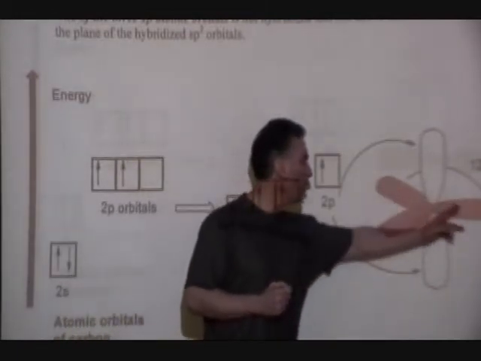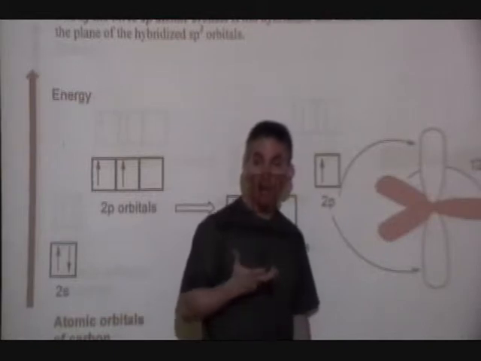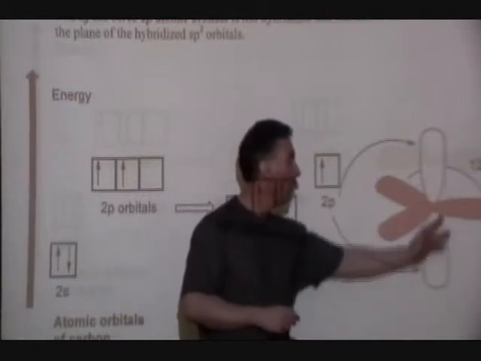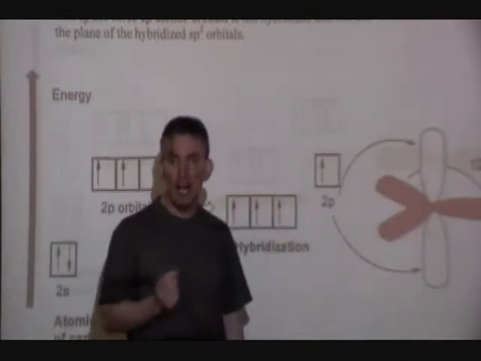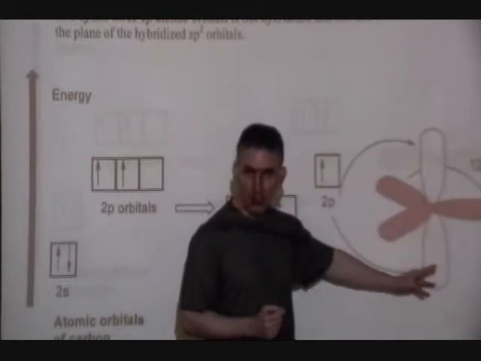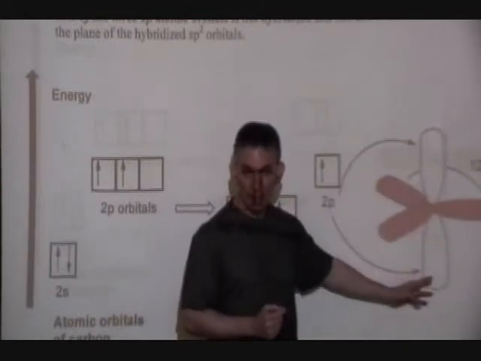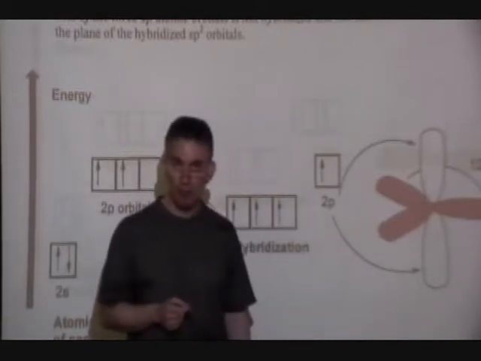Our three hybrid orbitals are arranged in a trigonal planar arrangement around the nucleus of the carbon, with a bond angle of 120 degrees between each hybrid orbital, and the last atomic orbital fits in above and below the plane at 90 degrees to each of the hybrid orbitals.